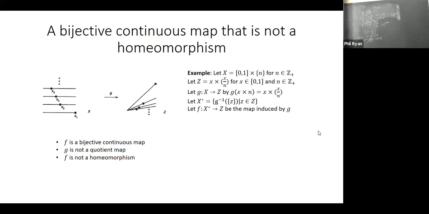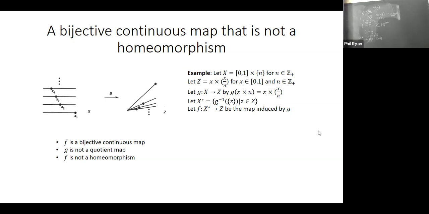G is not a quotient map, though. And because of that, F can't be a homeomorphism. That means the inverse of F cannot be continuous. It's easy to see why it can't be a quotient map, because the topology gets screwed up.